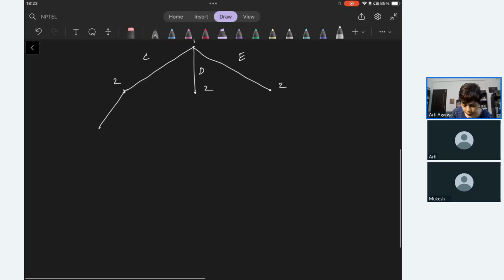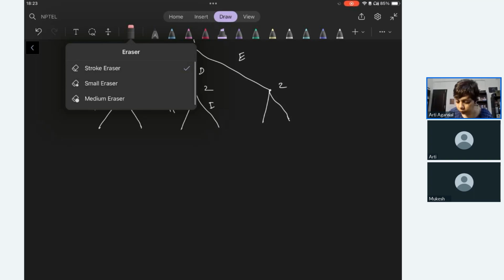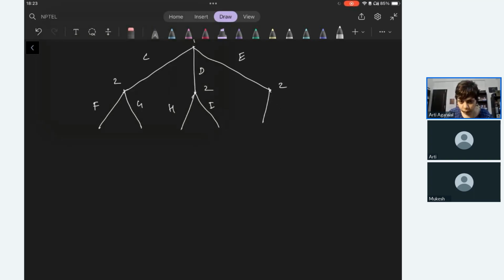Here he has the choice of F, G. Here H, I. And here J, K. So these are the payoffs.